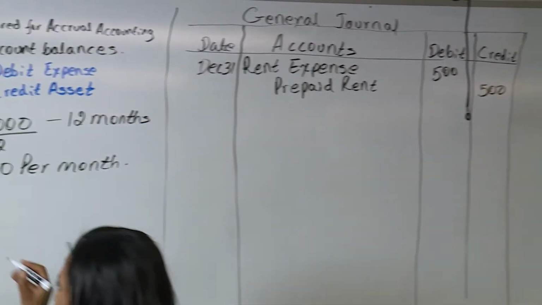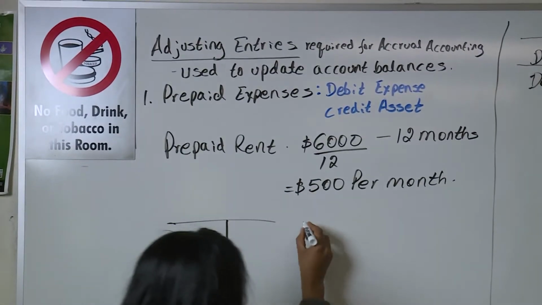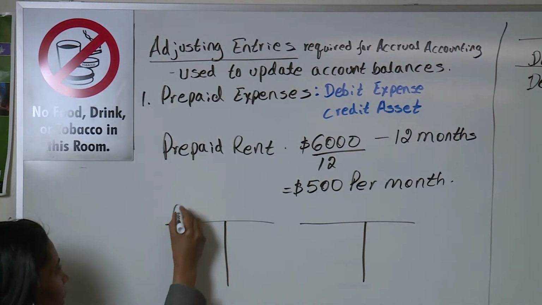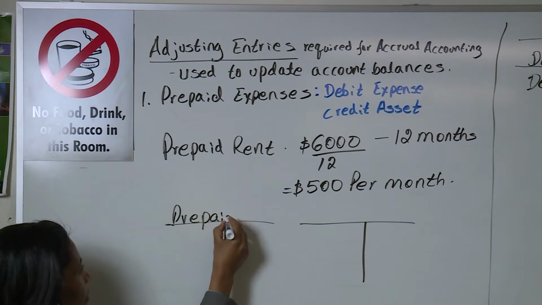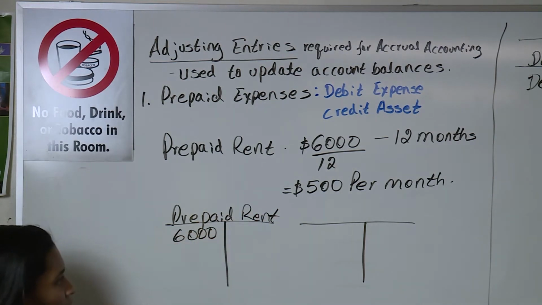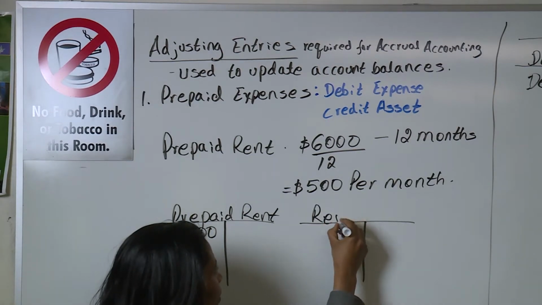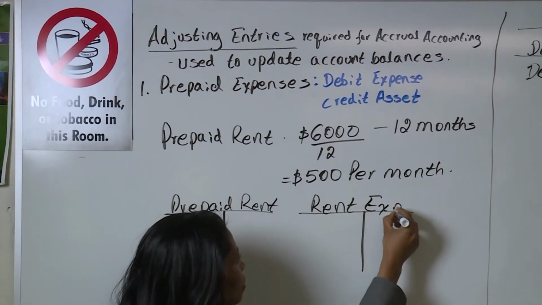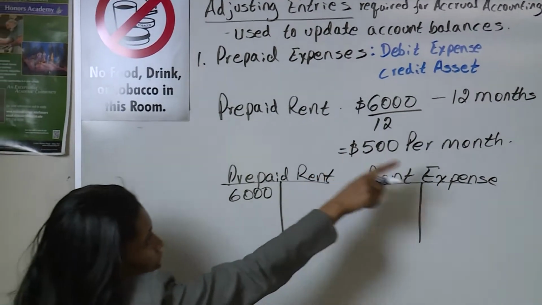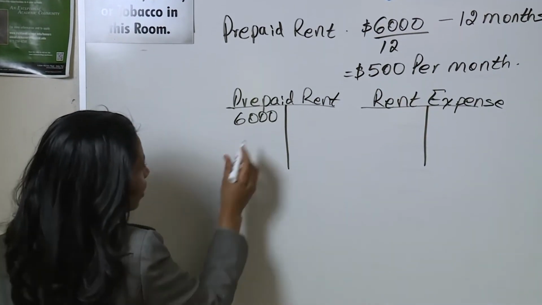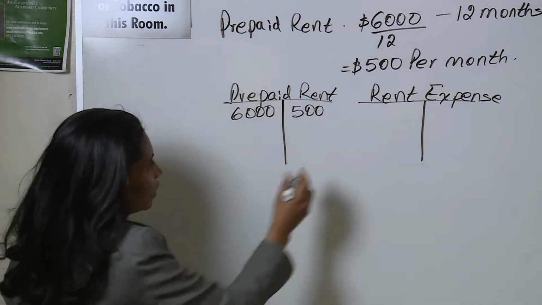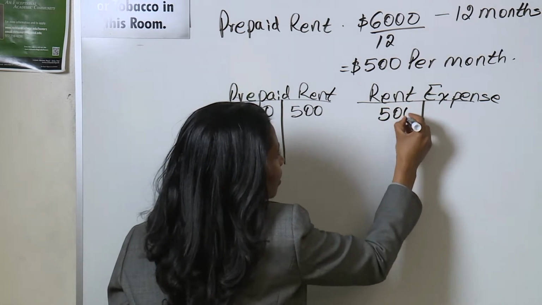Now, I want to show you what that does to my balance here together. So prepaid rent was $6,000, whereas rent expense was 0. I didn't record any expense yet. So when I do that journal entry, I credit the asset account, whereas I debit the expense account.